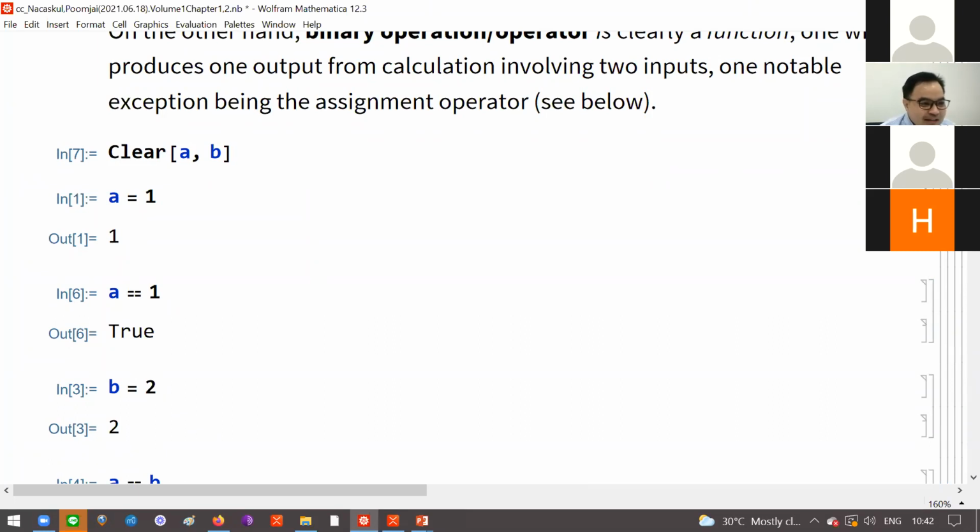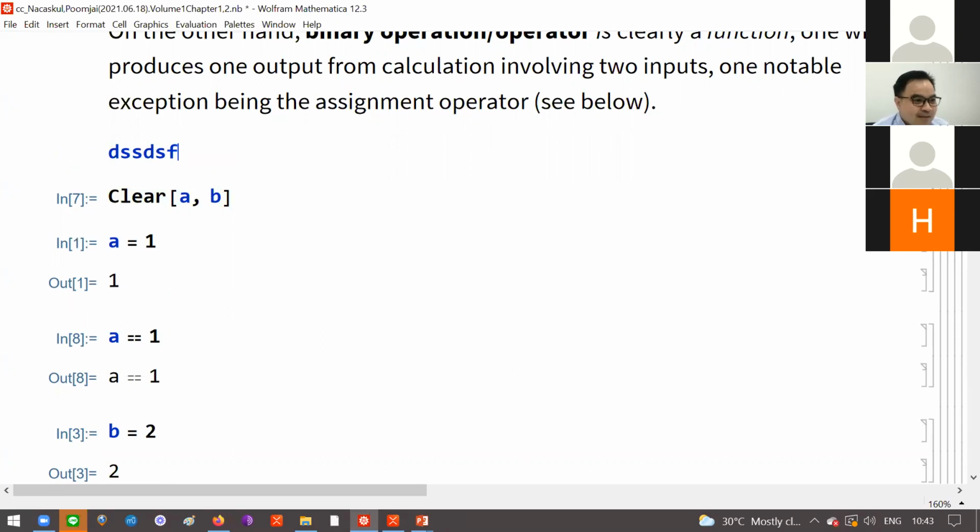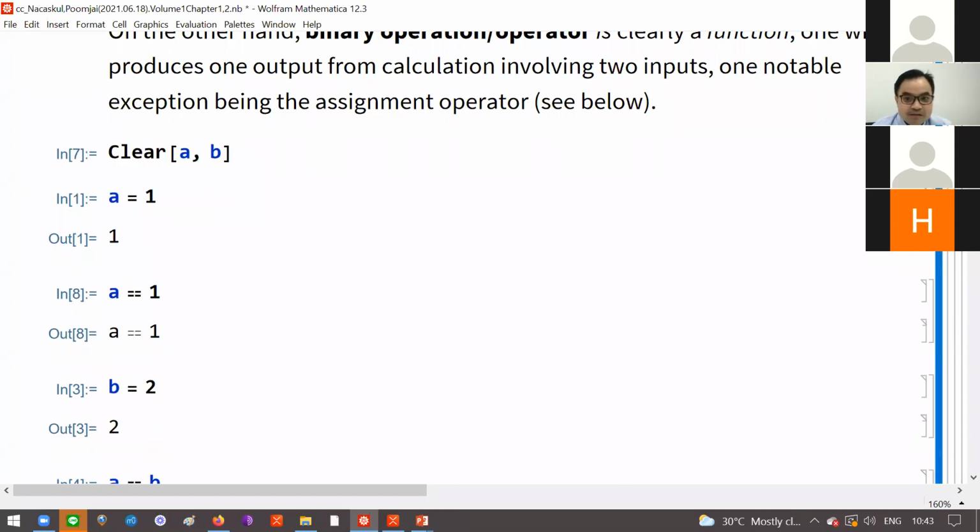In fact, originally when I typed in B, you would notice it's blue. So if I do this now, am I going to get true? No, I'm going to get it repeated back to me because it doesn't know what A is now. Whenever I type something new, it's blue because Mathematica has no notion of what it is. So let's get rid of this. Now I don't have a definition of A and B.